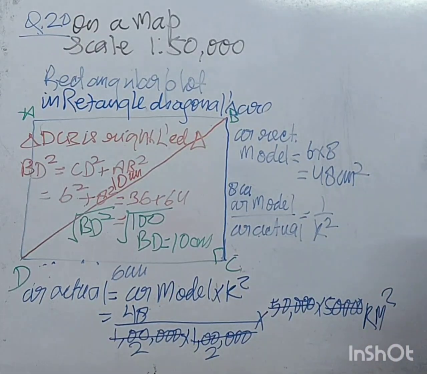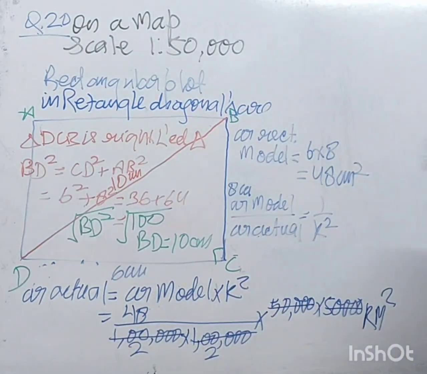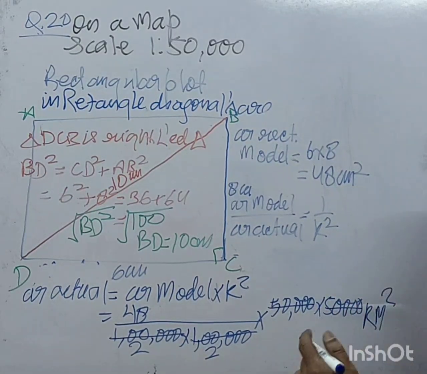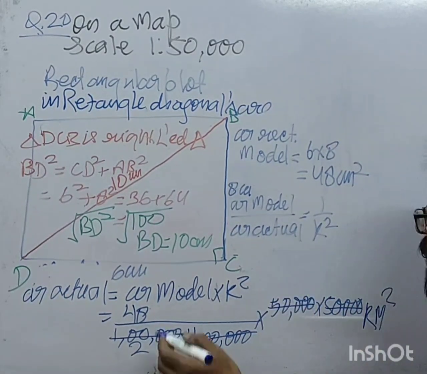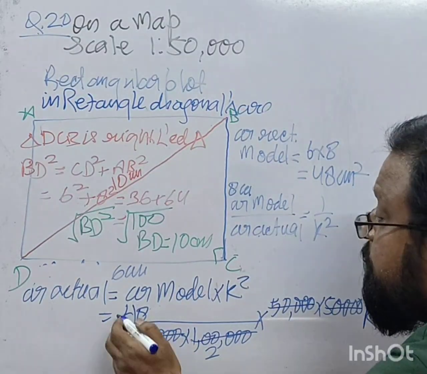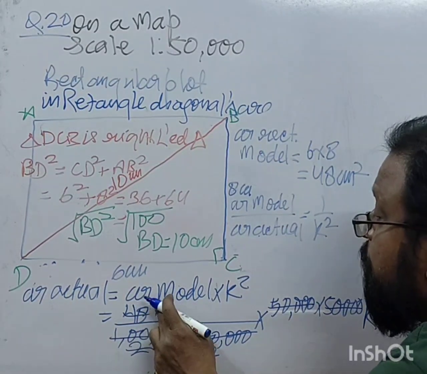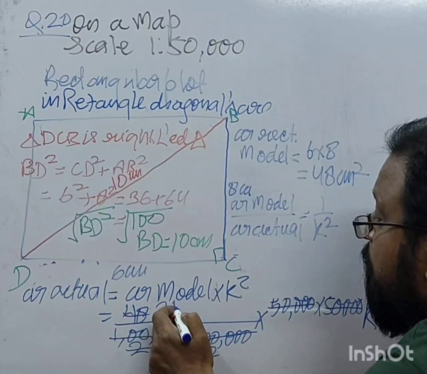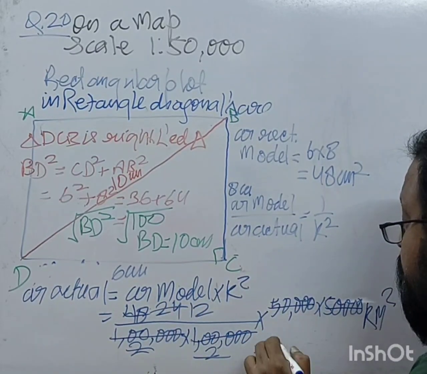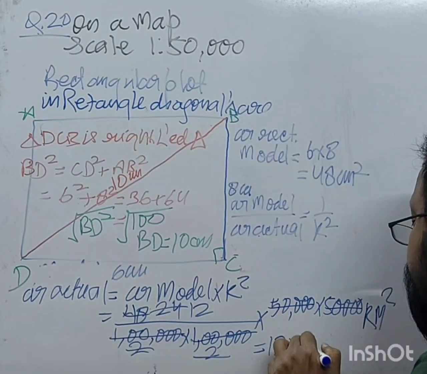We will take it common. There I made a mistake. If we are writing it like that, let me do this. This is 24, and this is 12. So it is 12 kilometers square, right?